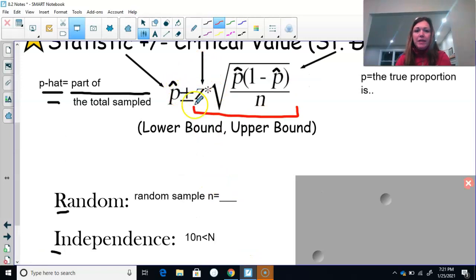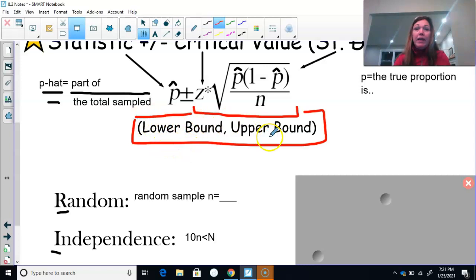So we have this statistic, we add the margin of error to get our upper bound, and we subtract the margin of error to get our lower bound. This right here then is our interval, and we are very confident that somewhere between the lower bound and the upper bound is the true proportion of whatever we're trying to find. Let's go ahead and practice it right now.